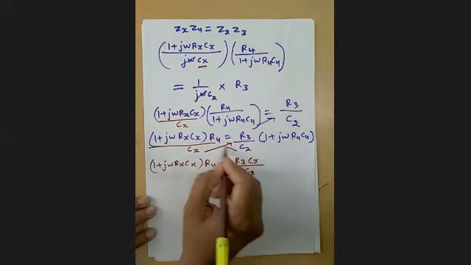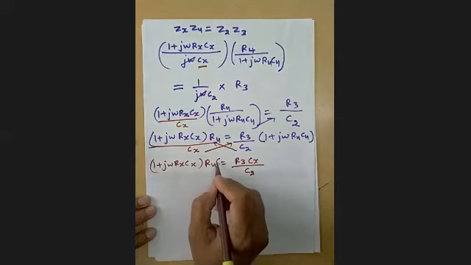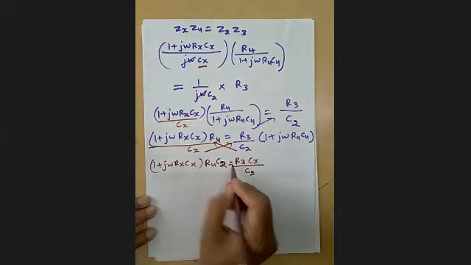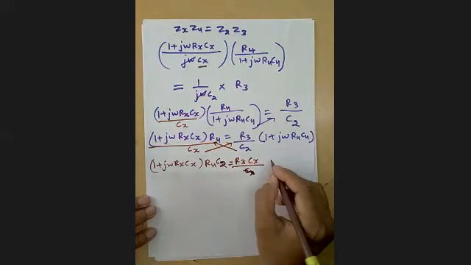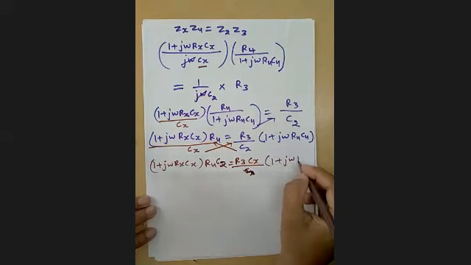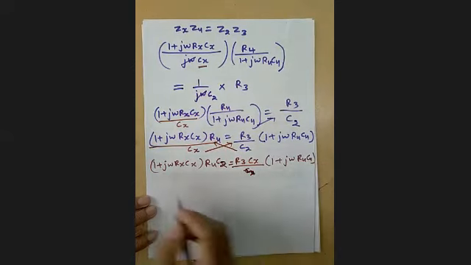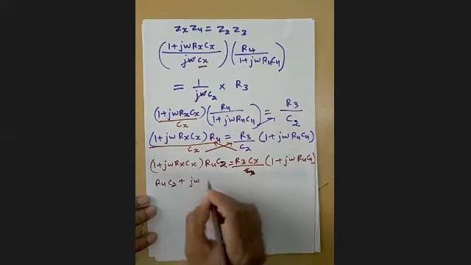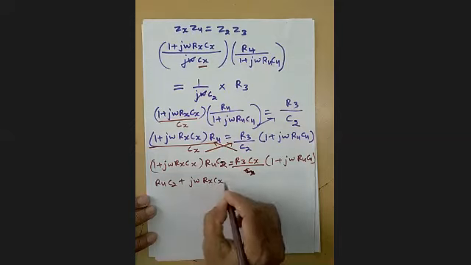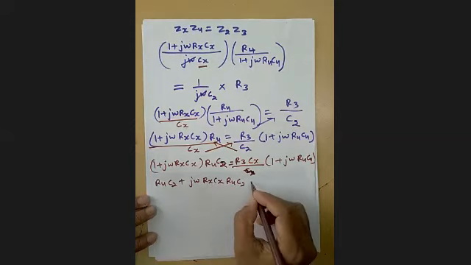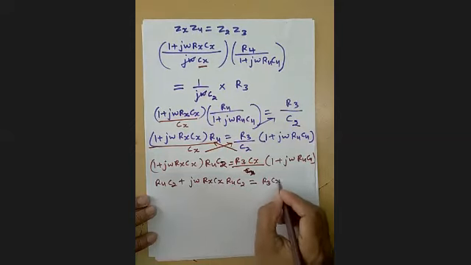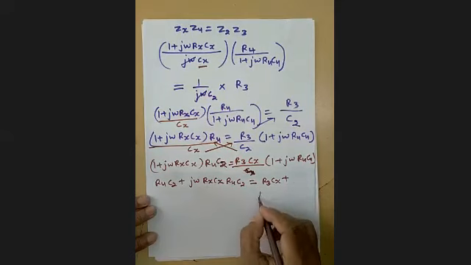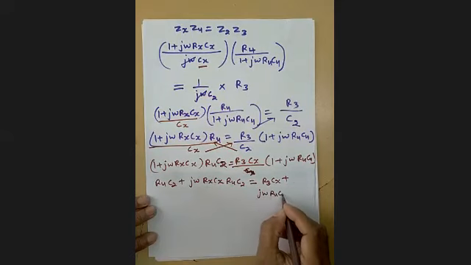Take C2 here too if you want. I'm taking C2 to this side: 1 plus j omega R4 C4. So solve this: R4 C2 plus j omega Rx Cx R4 C2 equal to R3 Cx plus, I'm writing here, j omega R4 C4 R3 Cx.